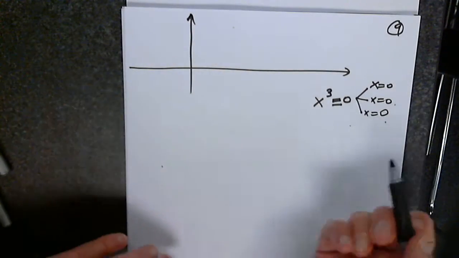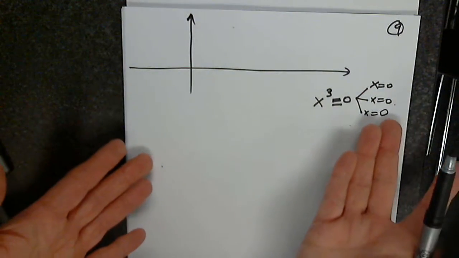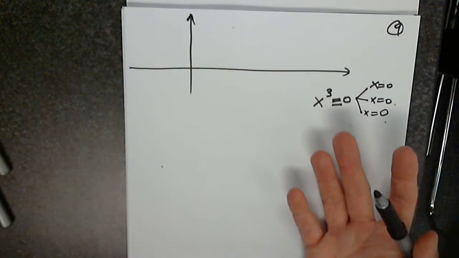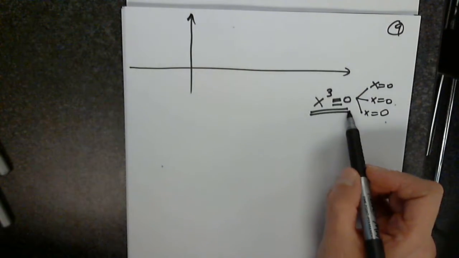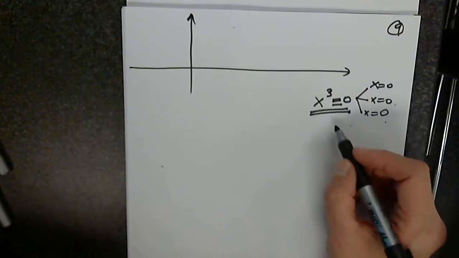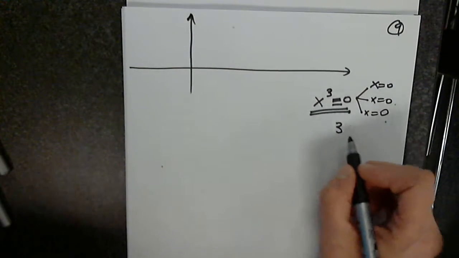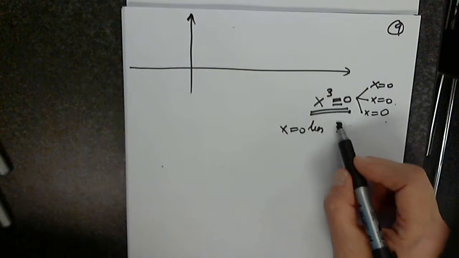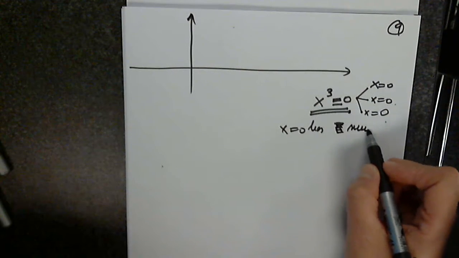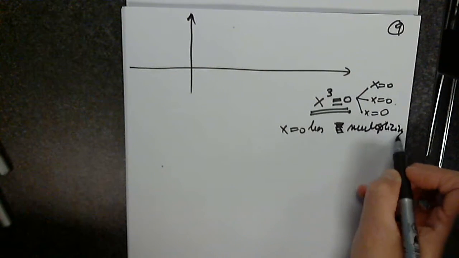This is what we call multiplicity of 0. How many times does 0 appear as a solution of this? 1, 2, 3 times. So x equals 0 has multiplicity 3.